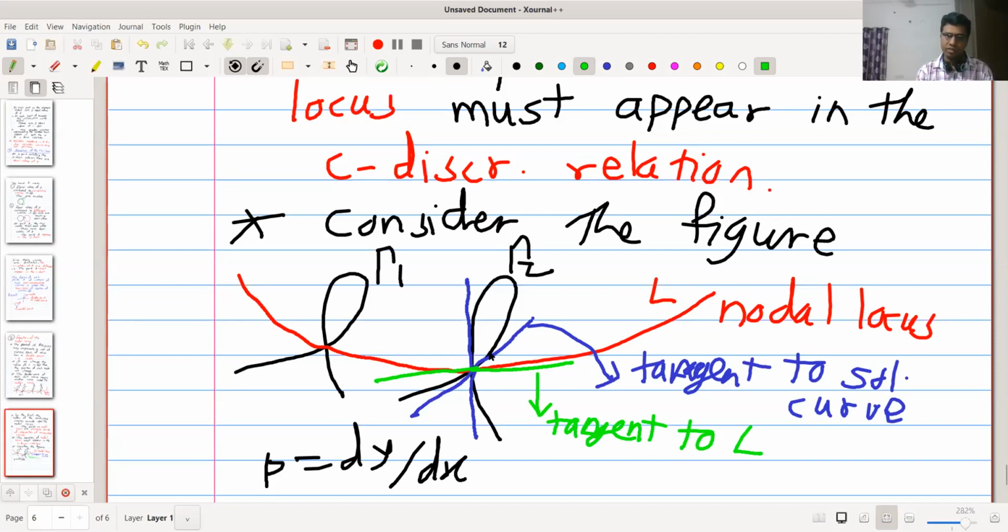Tangent for solution curve is different than tangent for nodal locus. So the p values are different for these two curves. That means the nodal locus in this case cannot appear in the p discriminant relation. Of course it will appear in the c discriminant relation.